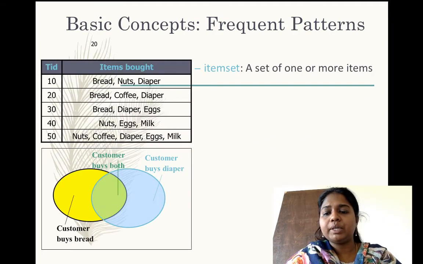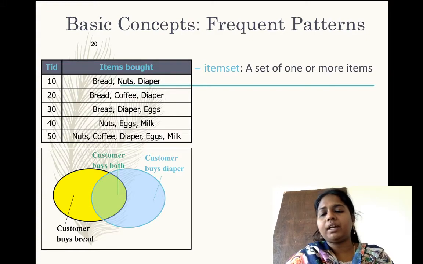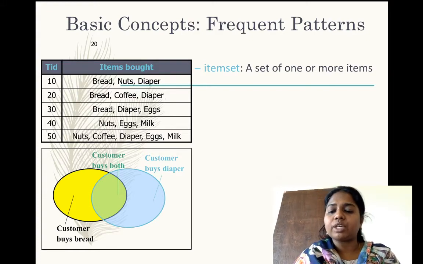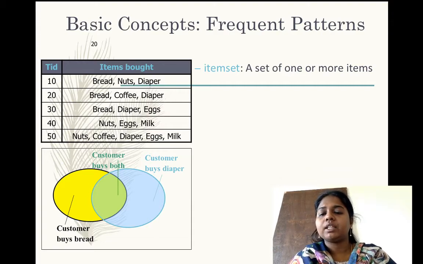Now, we started with this example and we have a set of items bought with each transaction, uniquely identified with the transaction ID, TID. We have 10, 20, 30, 40 and 50 as transaction IDs, and we have a list of items bought in every transaction. Now in the Venn diagram shown below, the yellow represents the group of customers who buy bread.